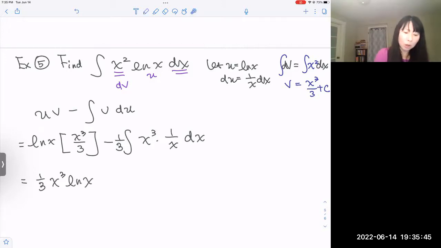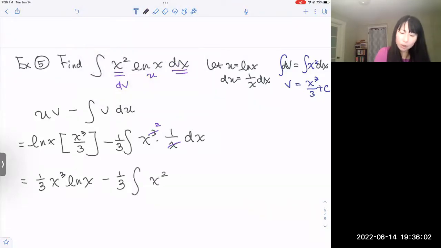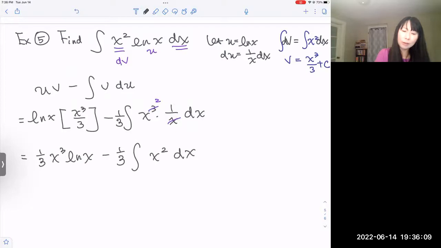Because I don't want to multiply, that's why I'm writing x cubed in front, minus 1/3. We simplify, which leaves x squared dx. Now we have experience here. The integral of x squared is x cubed over 3. So we are using that.